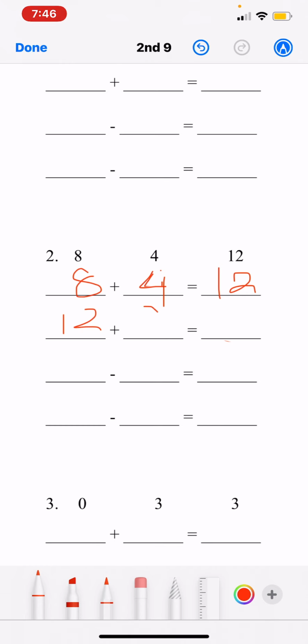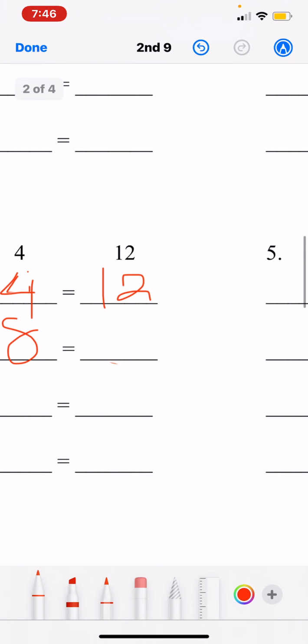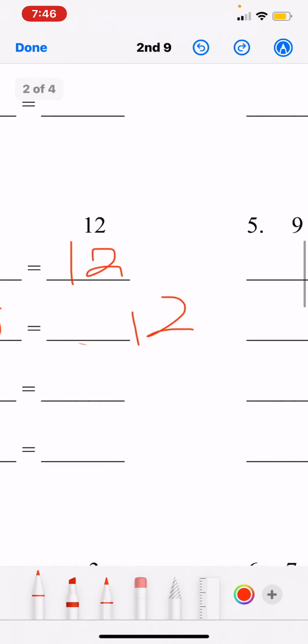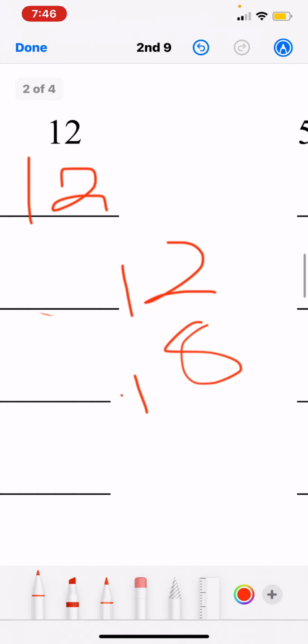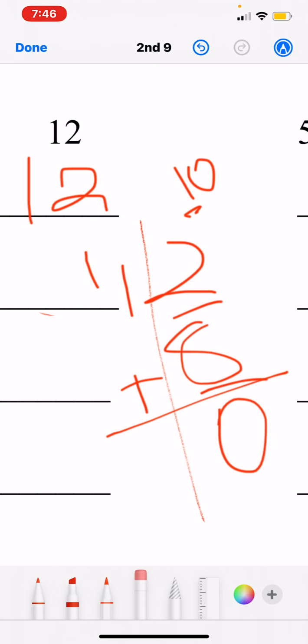Let me do 12 plus 8. Does 12 plus 8 get 4? Let's find out. So let's add 12 plus 8. Split that and so let's add. 2 plus 8 is 8, 9, 10. It's going to be 10. I'm going to bring the 1 over and bring down the 0.